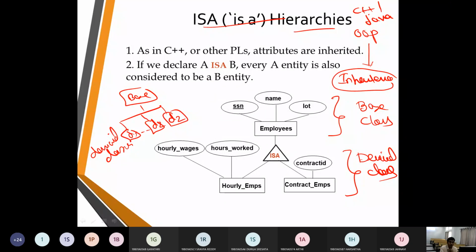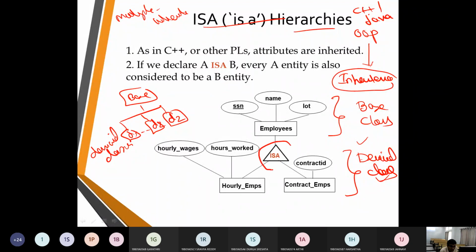So what we are going to assume is multiple inheritance, right? One base class is there, and multiple derived classes are going to be there.